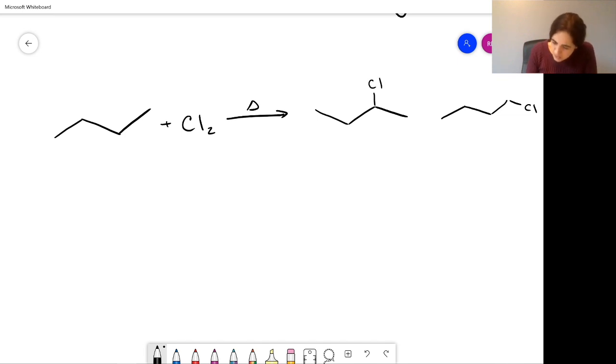But notice that in one of them it's a terminal position, so no stereocenter here, but here we form a stereocenter.